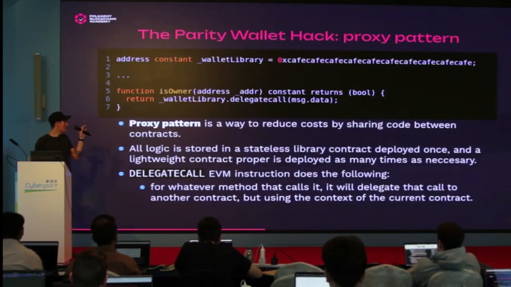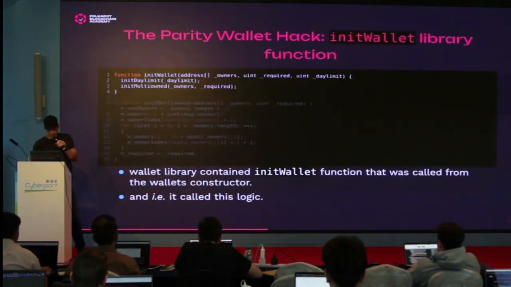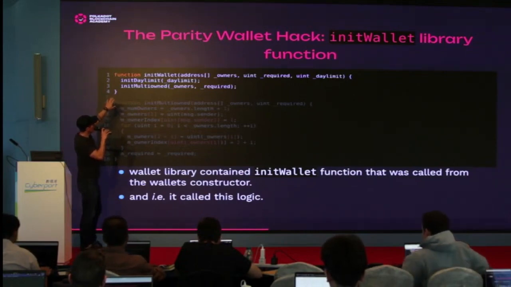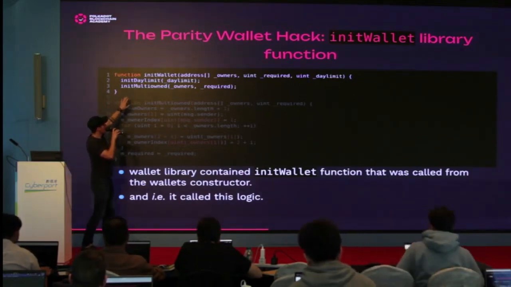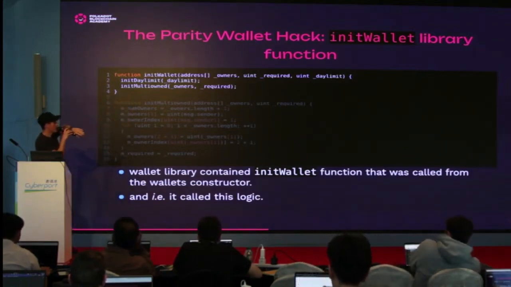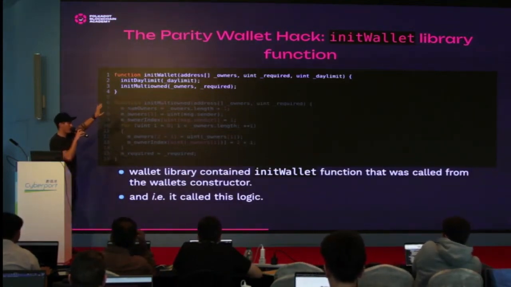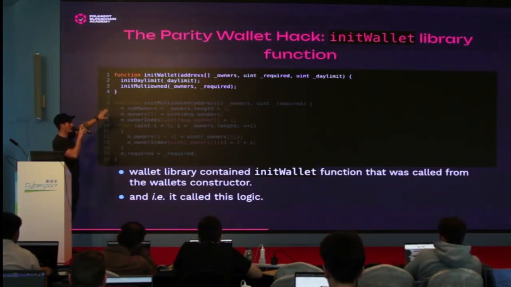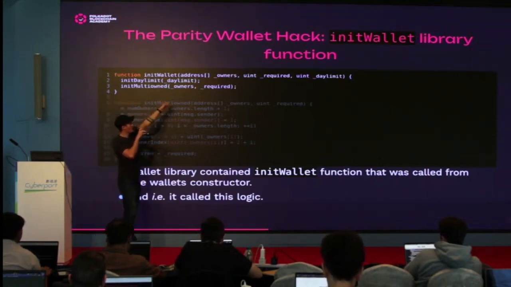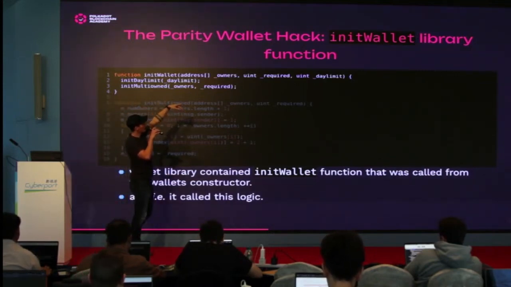So all pretty innocent, right? I'm not going to talk about the problem, I'll let you guess what the problem was. The library contract contained this function, the function to initialize a new instance of a contract, so define some owners, right?